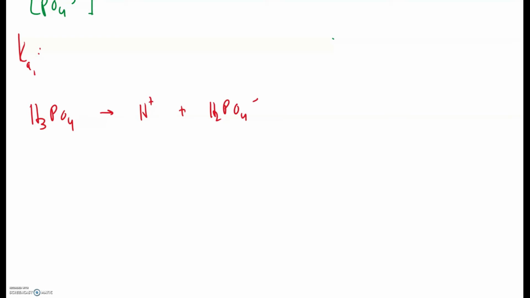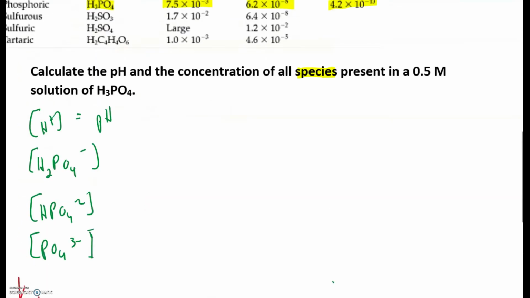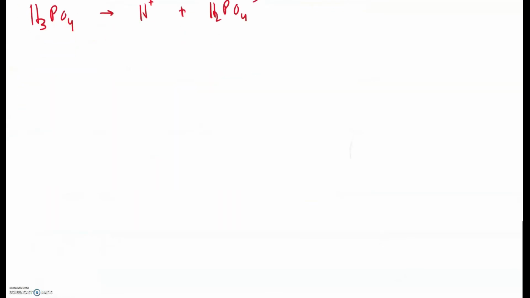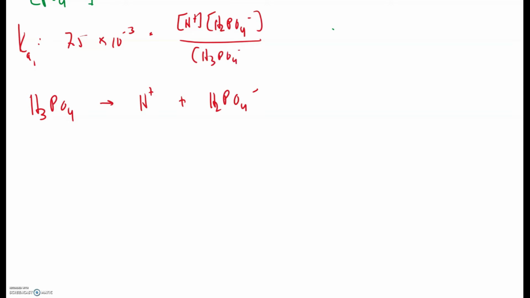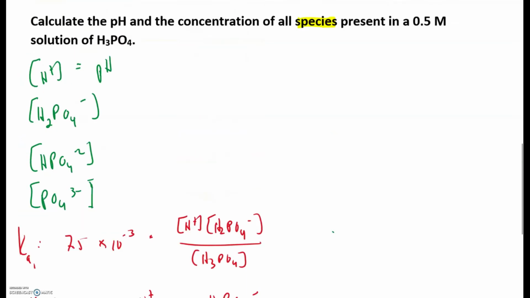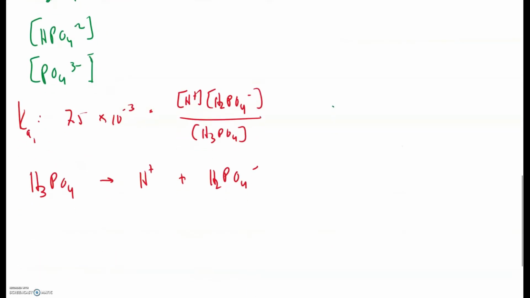That means that the Ka, which for this, Ka1, we said, according to this, is 7.5 times 10 to the -3rd. That's right here. And the expression is going to look like this, H+ and H2PO4-, and on the bottom is our H3PO4, which we know, according to the problem we're starting with, is 0.5 molar.